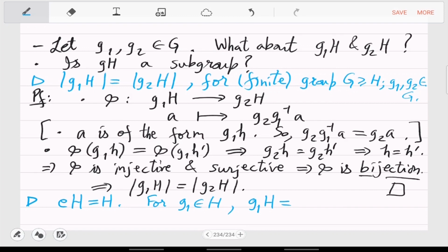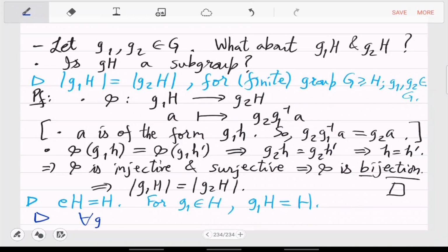Yeah, so if G1 is not an arbitrary element in the group, but an element in the subgroup H itself, then G1H will not change. It will be same as H because it's closed under that multiplication. So that is what you learn, that actually all these G1H, G2H, their size is equal to the size of H, right? That is what I wanted to show.